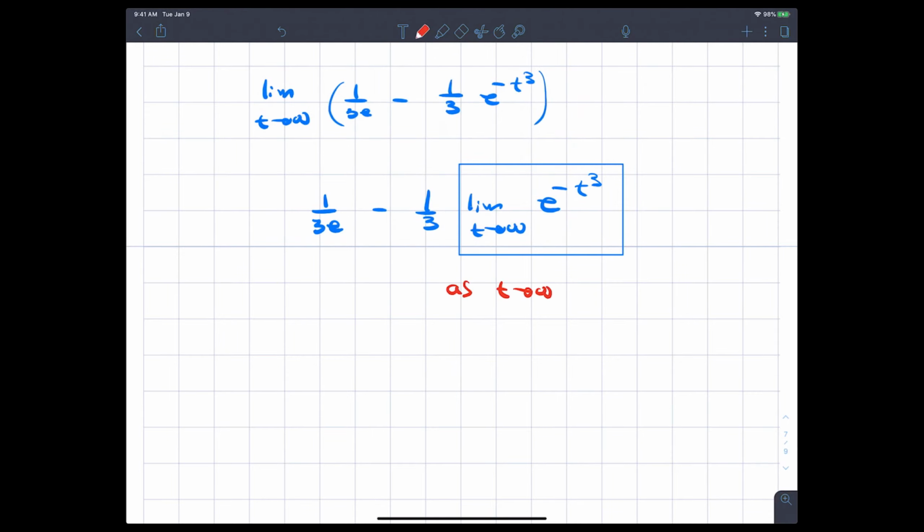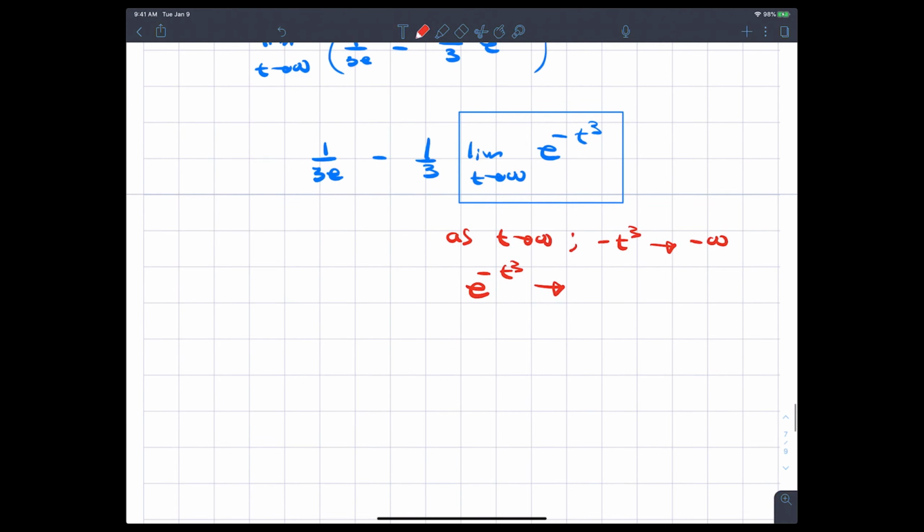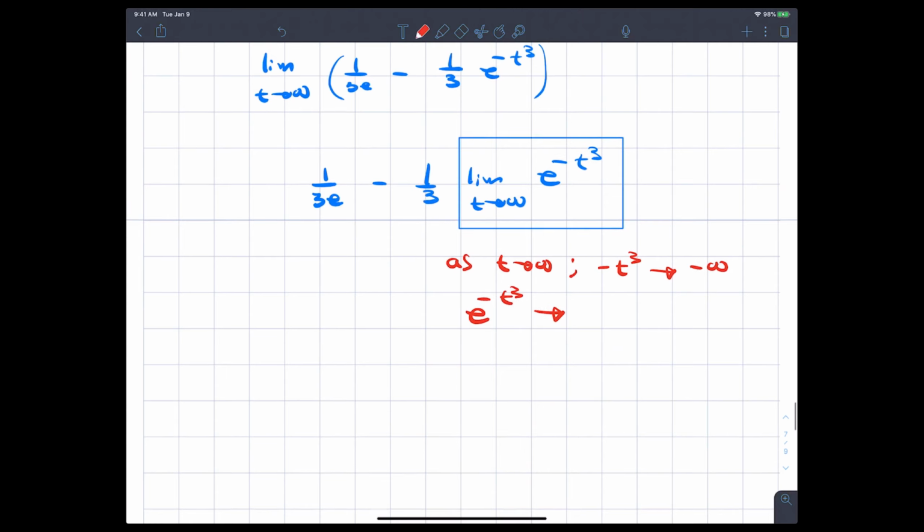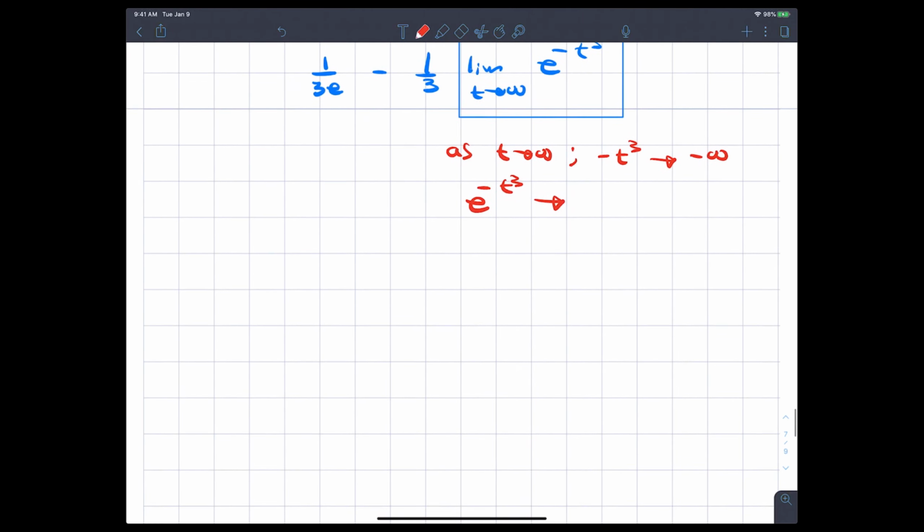Now, here's what's going on. As t gets big, what do we know about minus t cubed? Where does that go? That goes to minus infinity. So what does e to the minus t cubed go to? Well, we have to look at the exponential curve. The exponential curve, if you guys remember, yeah, let's double check here. How does that exponential curve go?